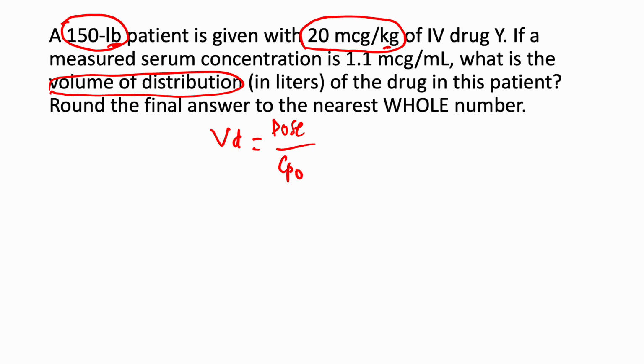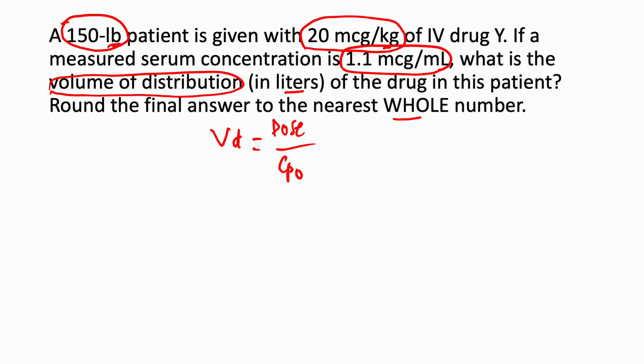And the initial concentration here is 1.1 microgram per milliliter. So you have all the information to calculate volume of distribution. However, the important thing is that you need to meet all the requirements of the question: the final unit of volume of distribution is liters, and the final number needs to be rounded to the whole number.